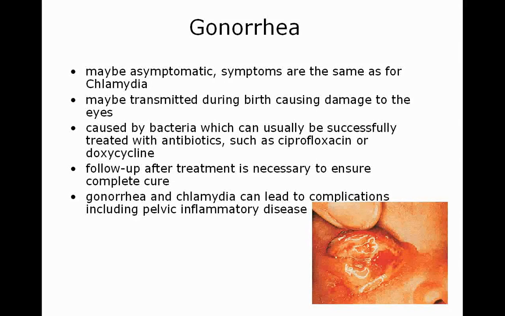It's so important when someone is being treated for gonorrhea that they return for follow-up to be sure that the antibiotics they've taken were the correct antibiotics, and that the particular strain of gonorrhea they have is completely gone, or they may need another cycle of antibiotics, perhaps even a different type of antibiotic.